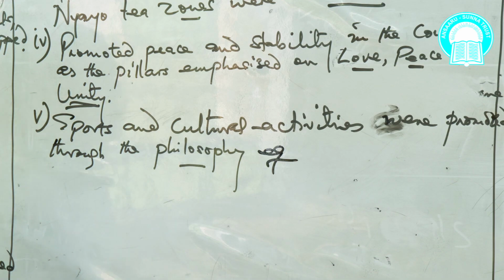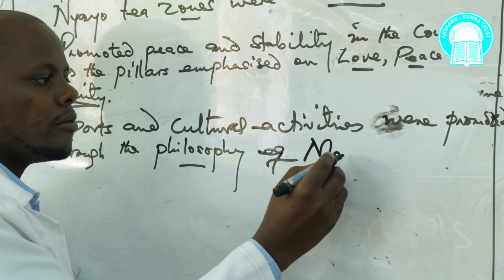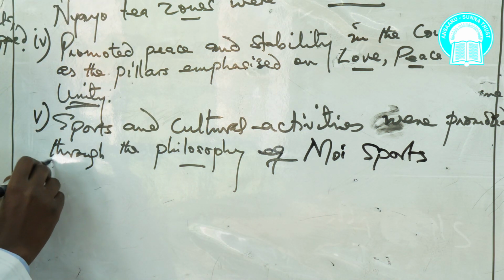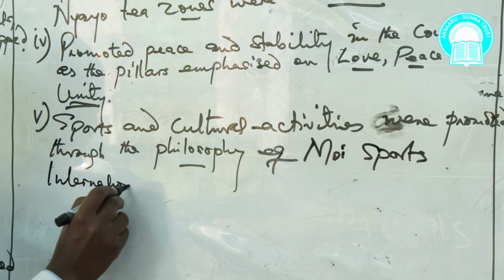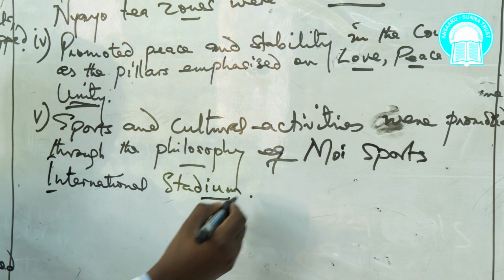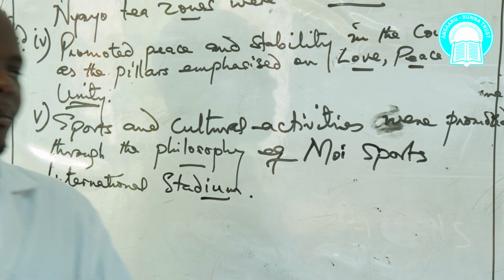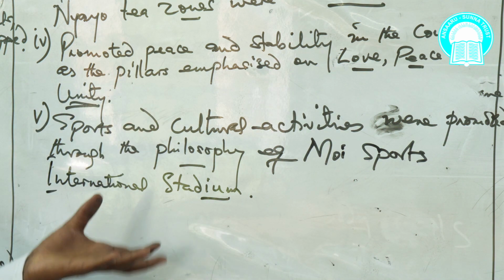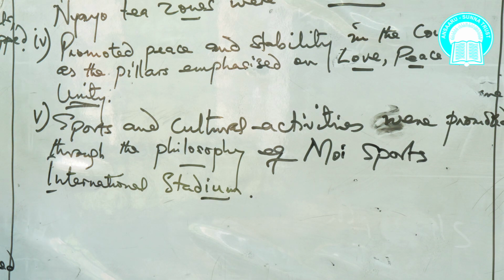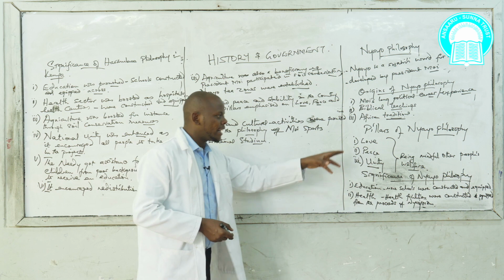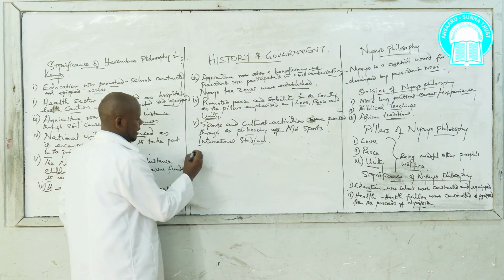For example, you can give the example of Moi International Sports Centre, Kasarani. President Moi, in his concept of love, peace, and unity, in his Nyayo philosophy, encouraged cultural activities. Music competition and drama competition in schools were encouraged. That promoted unity, peace and love within the boundaries of Kenya.